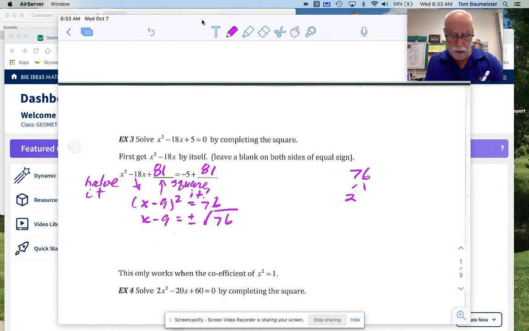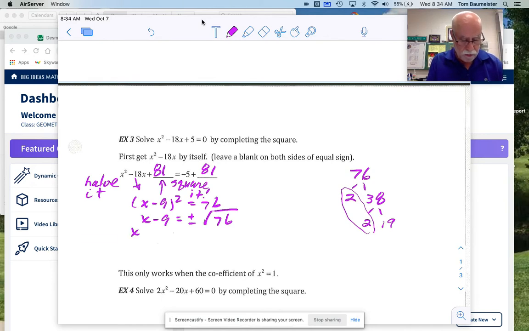Well, I know 76 is 2 times 38. And I know that 38 I can make as 2 times 19. So remember, I just used a factor tree. 19 is prime, and so are 2's. If I have 2 that are the same, I can bring that outside of the radical. All right, so I have 2 of them there that are the same.